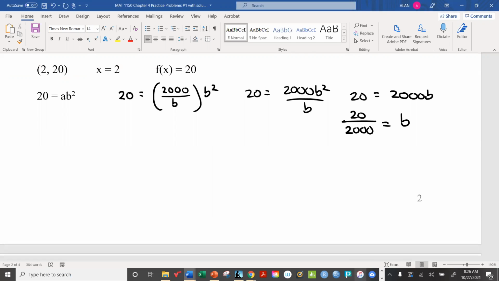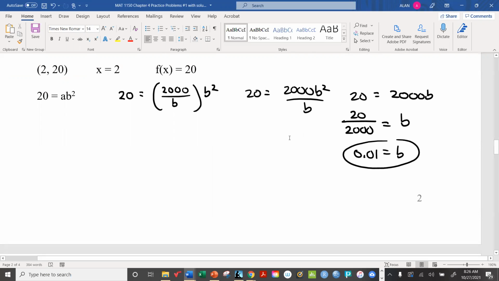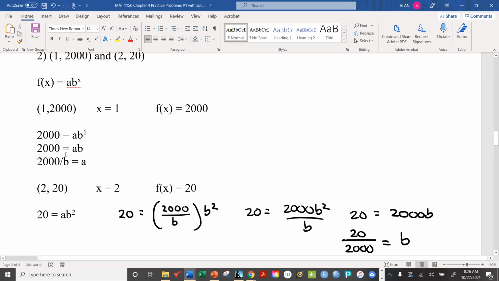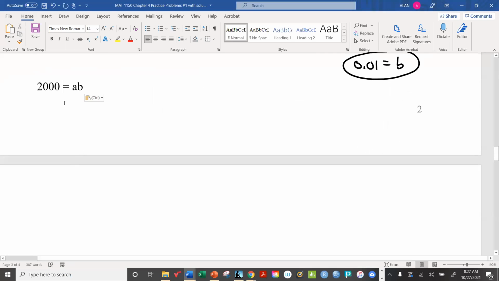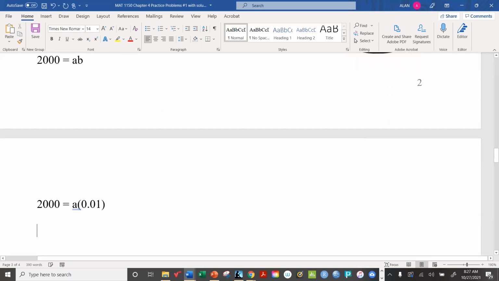So very simply, b is 0.01, or 1/100th. Now we can come back to the function we found here, 2,000 equals ab. With our knowledge that b is 0.01, this is saying that 2,000 is a times 0.01. Now we multiply both sides by 100, and therefore 200,000 is a.